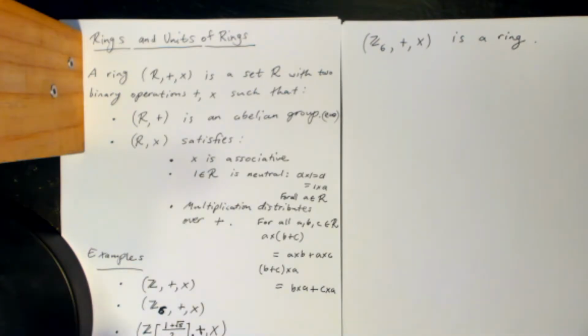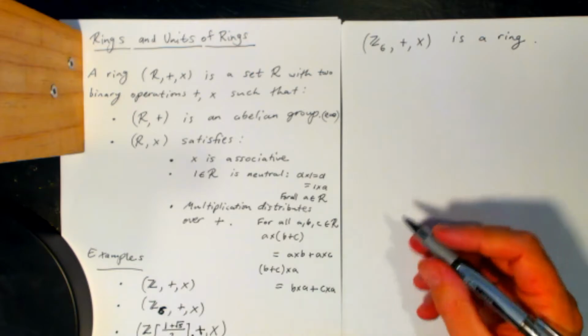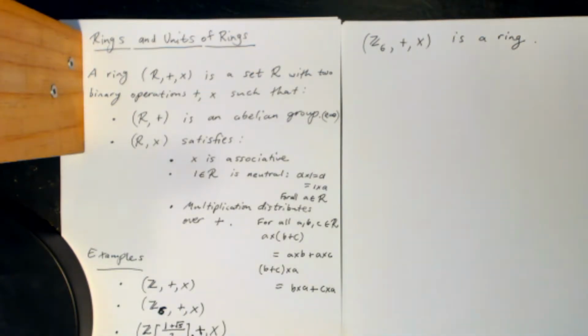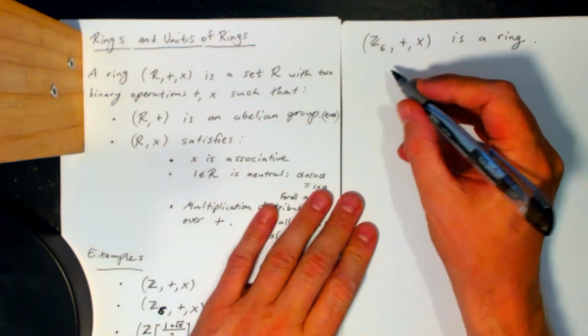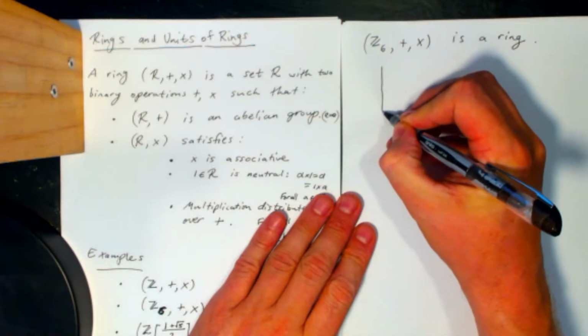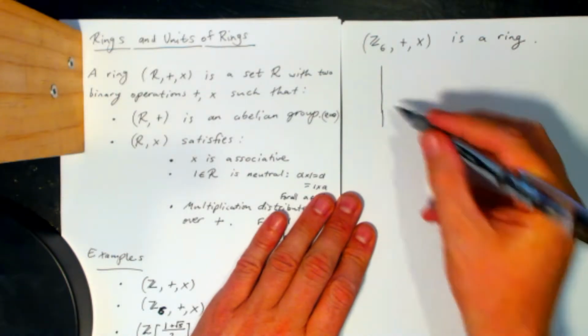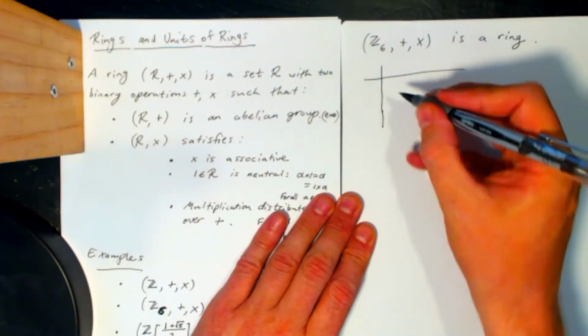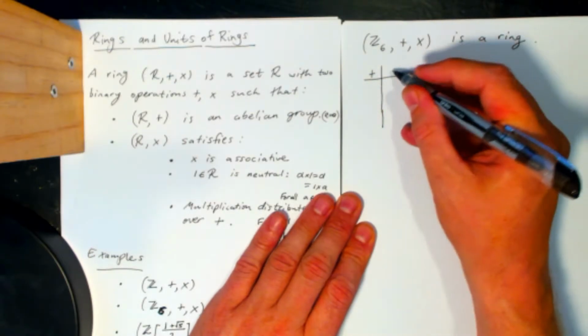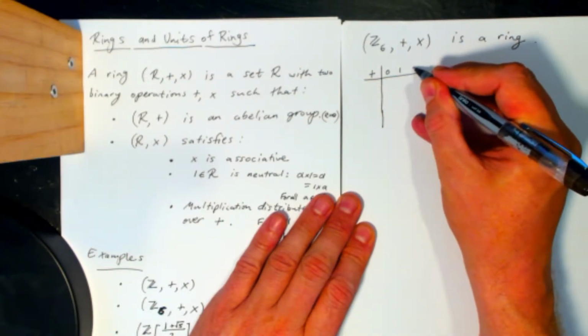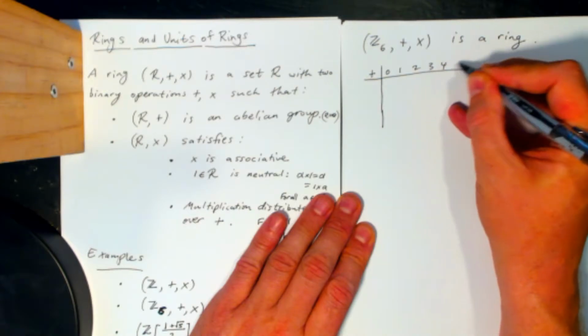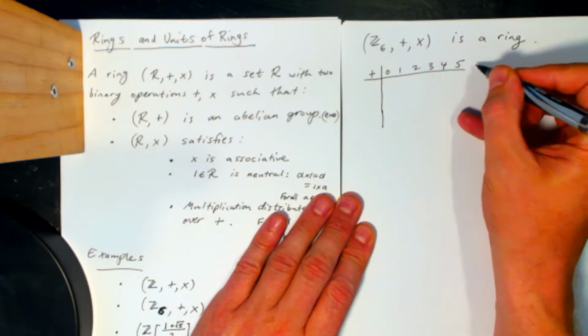Now we've already studied similar things in terms of groups in the last session, and in that session we talked about Cayley tables. So let's write the Cayley table for both addition and multiplication, and then decide whether we in fact have a ring in this structure. So first we'll put addition, and then I have 0, 1, 2, 3, 4, 5. That's 6 numbers there.